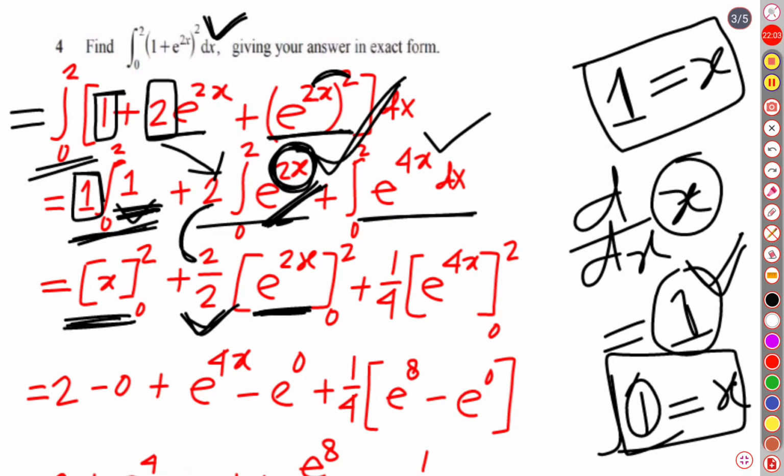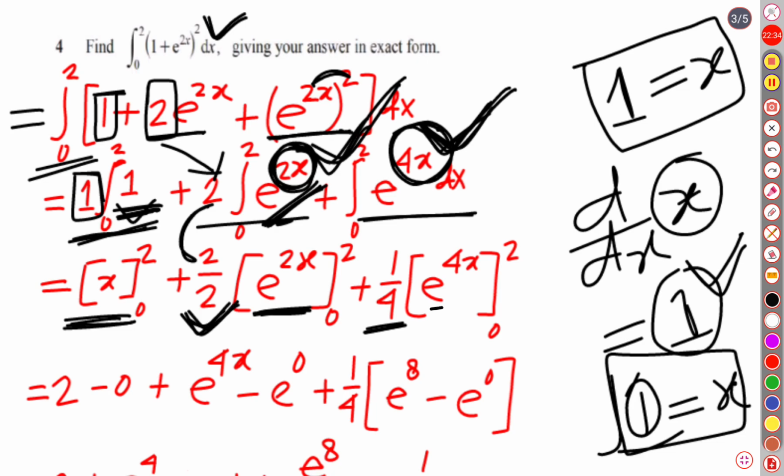Same goes here also. For the next one, if we find the derivative of 4x, it will be 4. After differentiation, 4x produces 4. So the derivative of 4x is 4. That 4 has been written as the denominator. We know that the derivative divides the coefficient, and there is no coefficient, so we have written 1. So remember, this 4 has divided here, and this 2 has divided here.